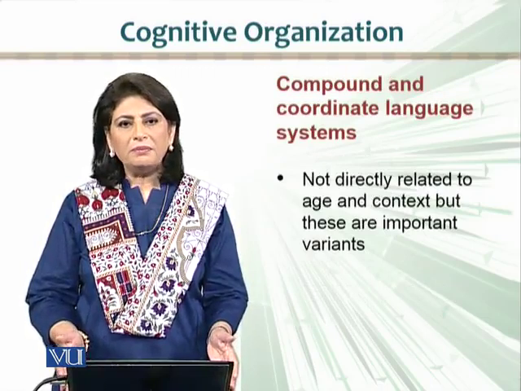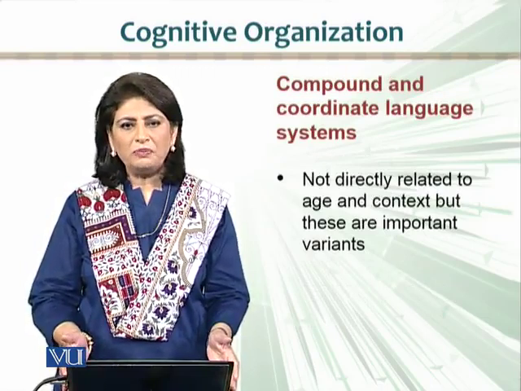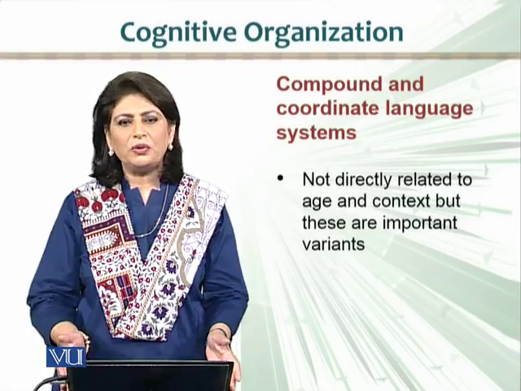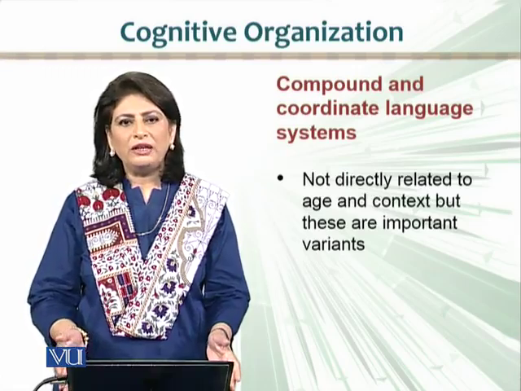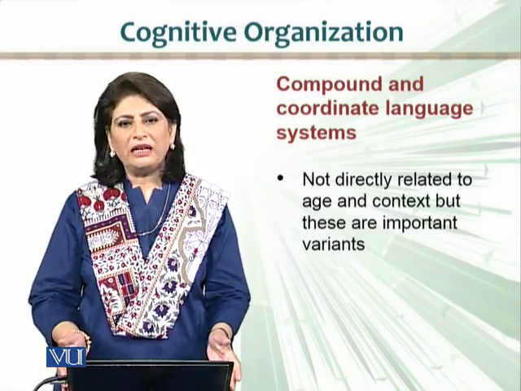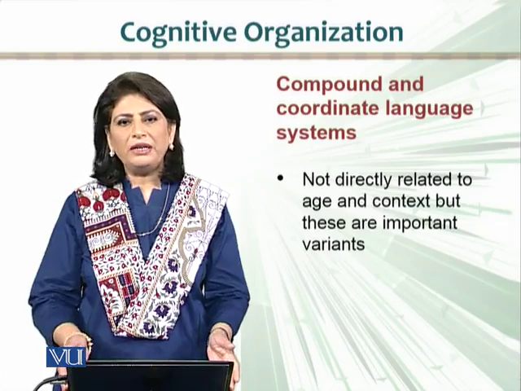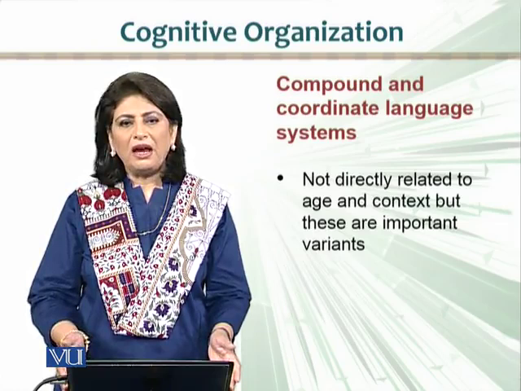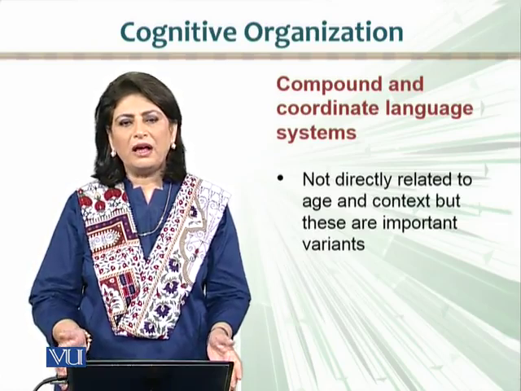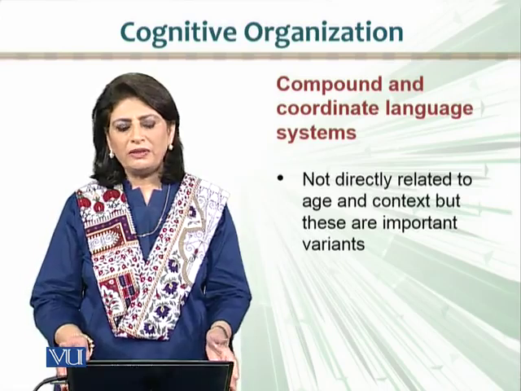In any case, compound and coordinate language systems may not be directly related to the age at which the languages are learned. They might not be directly related to the context, but they are definitely affected by them, and these variants are important. And we'll talk about these variants later.